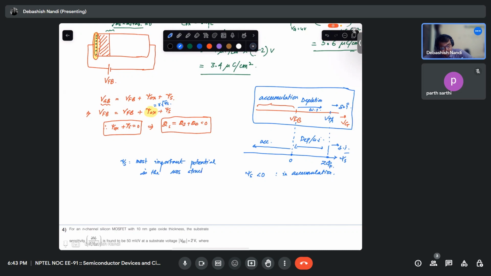Okay, if you have the comfort to deal with psi s, or if you get comfortable dealing in psi s, then you can understand and analyze each and everything. Okay, so this is the most important potential you should be aware of when analyzing the MOS structures. Okay.